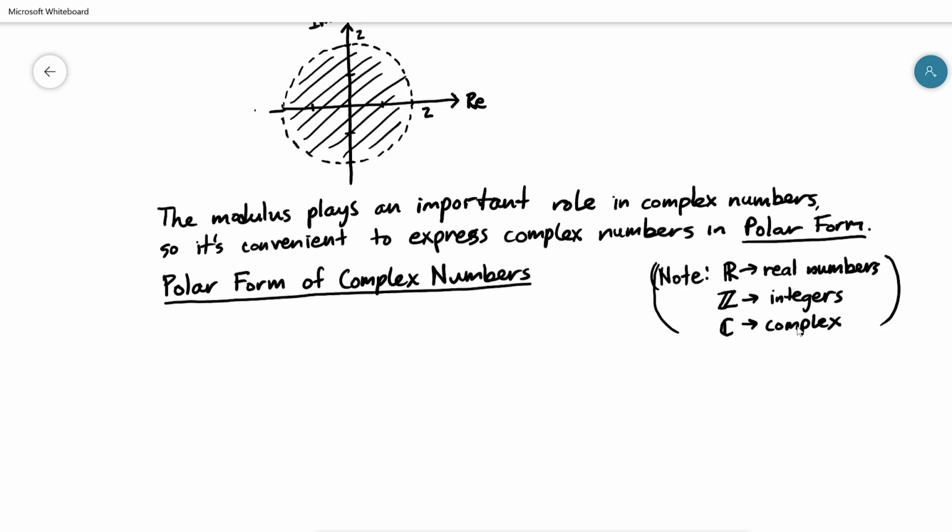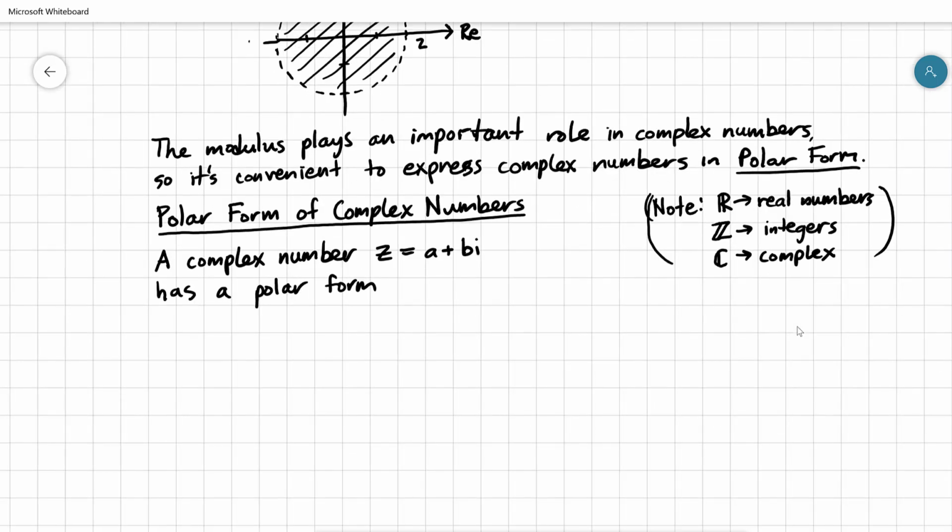Okay, so a complex number z, which is equal to a plus bi, also has a polar form. And that polar form is going to look like the following.